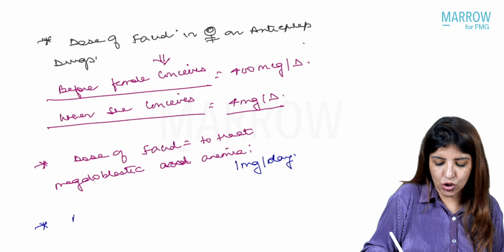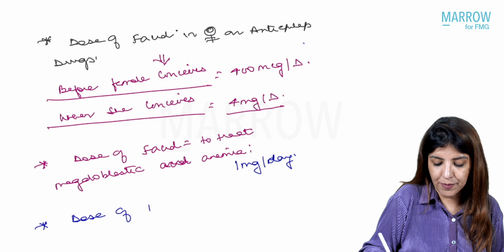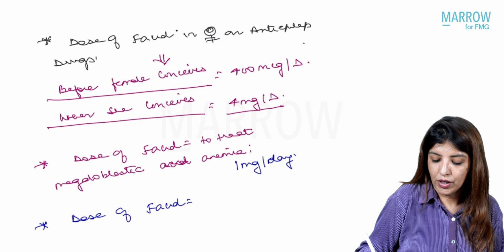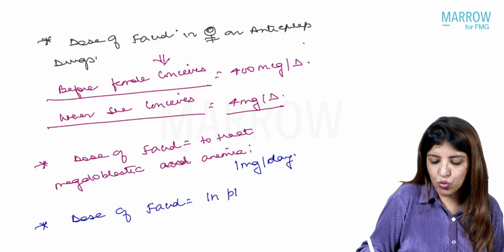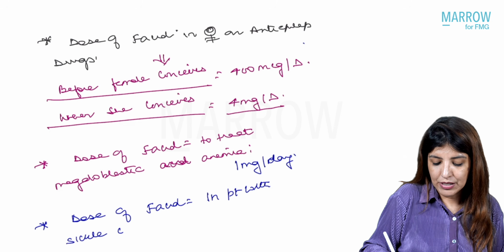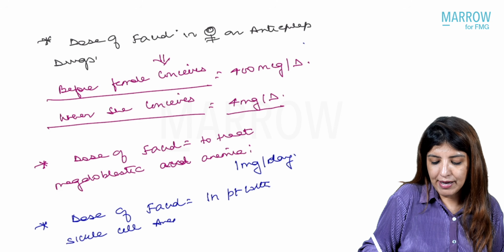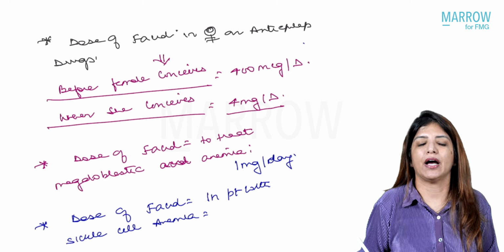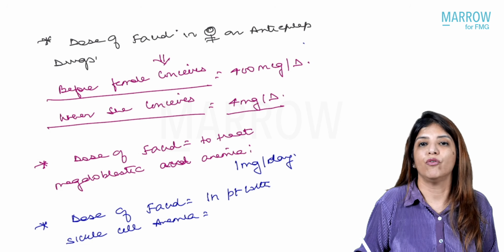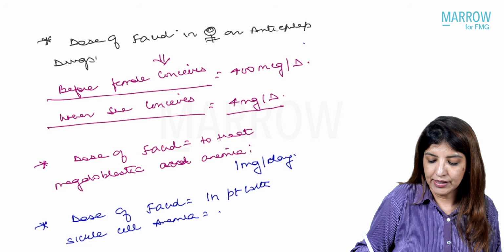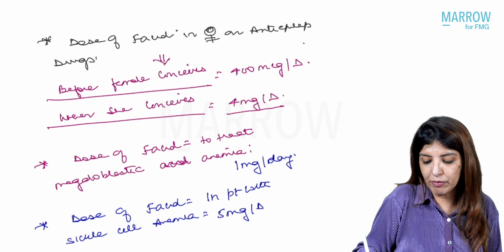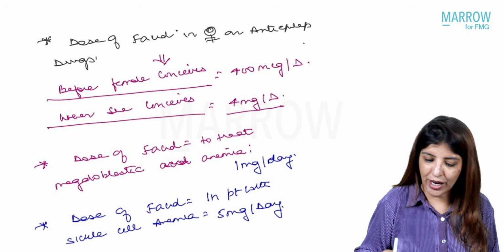And what is the dose of folic acid in a patient with sickle cell anemia? If a pregnant female has sickle cell anemia, then what dose of folic acid are you going to give her? Then it is 5 milligrams per day, right?